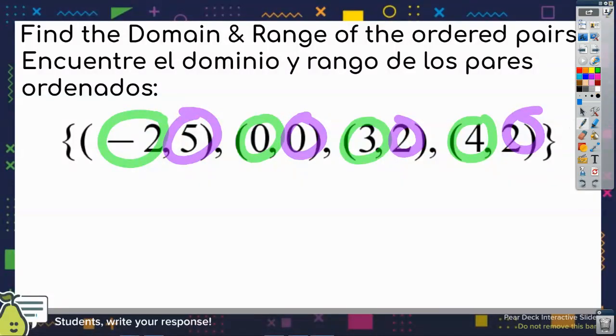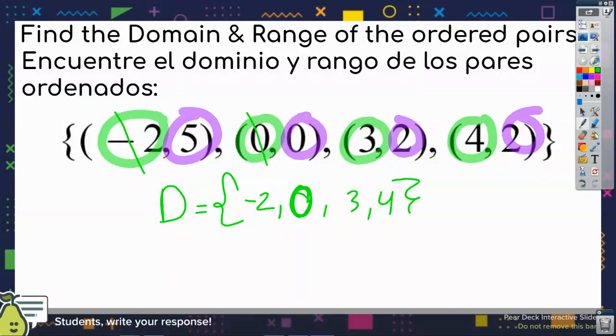So let's do this. We're going to write our domain. Equal, fancy squiggle. We're going to look. -2 is the smallest. Our negative numbers go first. 0 is next. That's a 0, I swear. 3, and then 4.